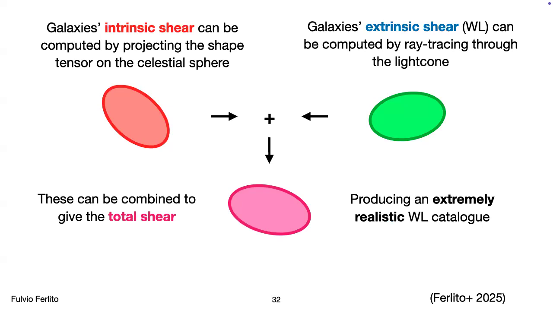We can directly sum them, and we obtain the total shear of an object. So we have produced a forward model to see how objects really look in the sky with their ellipticity.